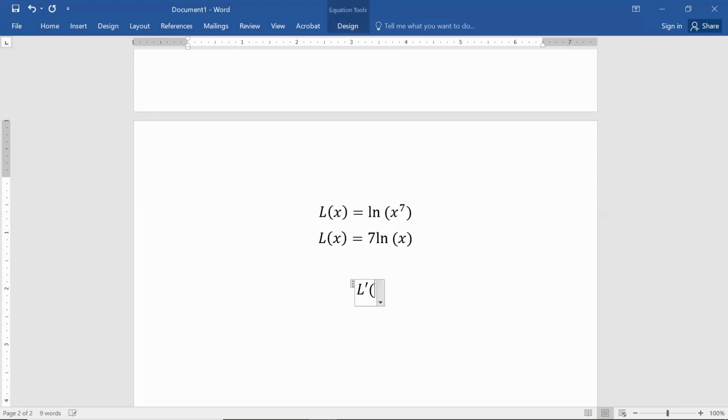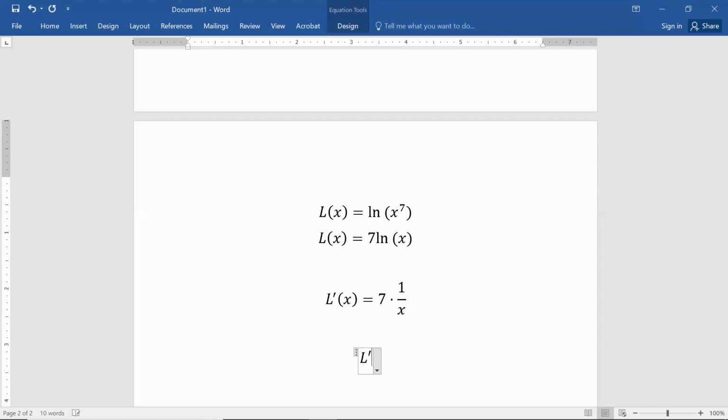And now I can say that the derivative of L of x is just a constant times the derivative of a natural log. So I take that constant of 7 and I times it by the derivative of natural log, which is 1 over x.